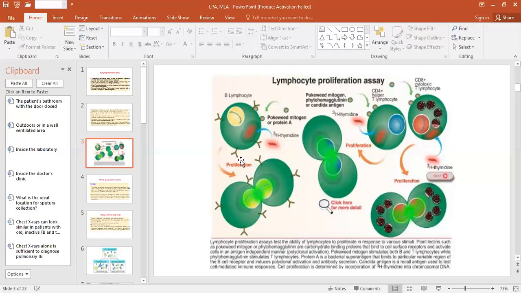And when we are carrying out the experiment under the hood, we have to take precautions that all the mediums, all the plates, everything, all the utensils should be decontaminated first using 70% ethanol.